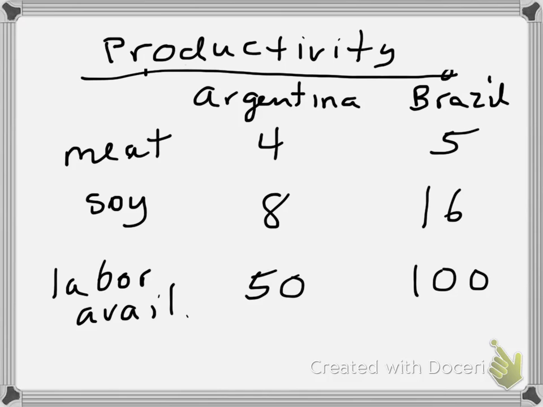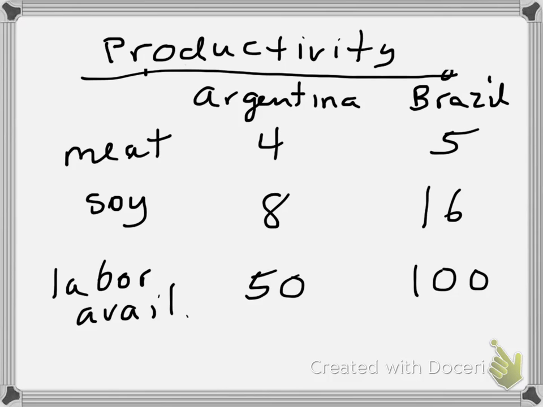A worker produces 5 tons, while in Argentina a worker produces 4 tons, and Brazil is also more productive in soy. A worker produces 16 tons compared with 8. So Brazil, we would say, has an absolute advantage in meat, and also has an absolute advantage in soy.